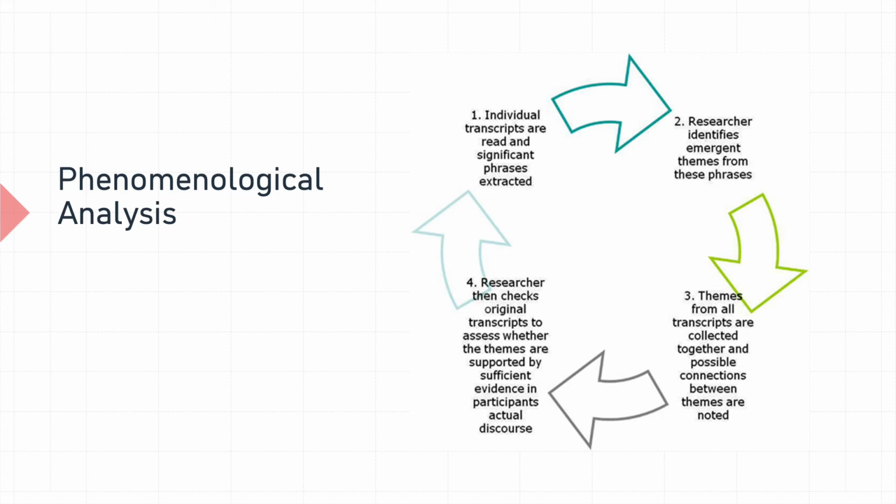Then the researcher checks the original transcripts to assess whether the themes are supported by sufficient evidence in participants' actual discourse, and because it's qualitative research, you start the process all over again. It's never the case that you only look at your data once.